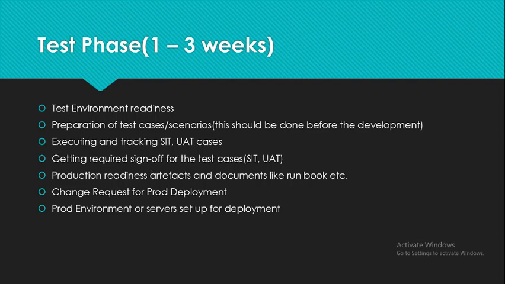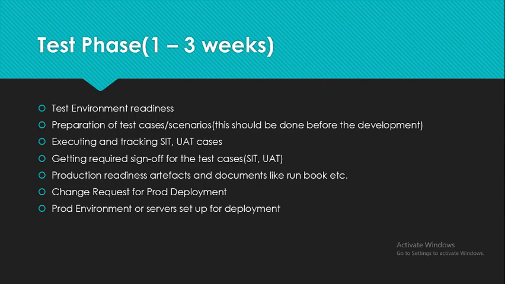You'll have to keep up all the test cases and scenarios, and some of you may have to follow the traceability matrix. If they find any bug or defect in the particular code, then you'll have to make sure that it is fixed by the developers, and get the required sign-off for all the test cases, be it SIT or UAT, along with the production readiness artifacts and documents like the runbook, or some may say deployment handbook or operational handbook.